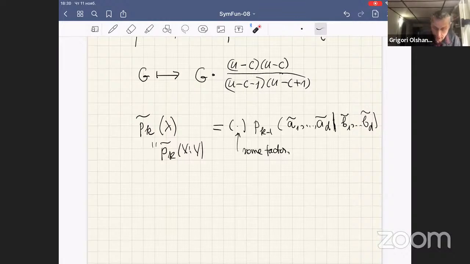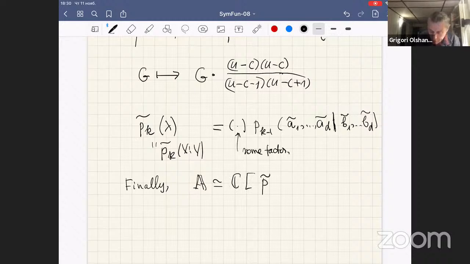So finally, our algebra A can be viewed as the algebra of polynomials in conventional super power sums in the coordinates, but starting from index 2 and not 1, because the first function in this sense is equal to 0.